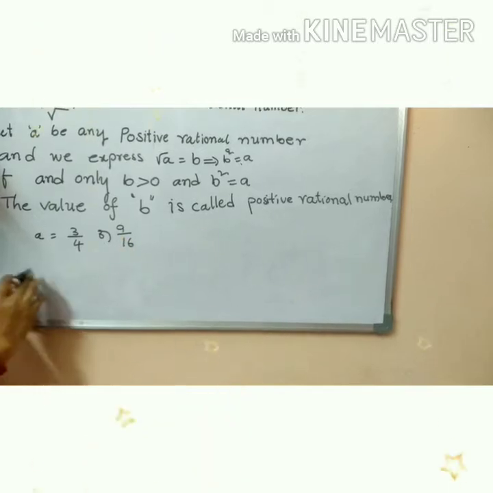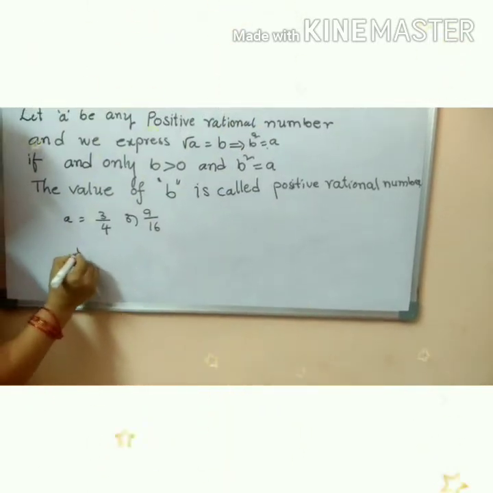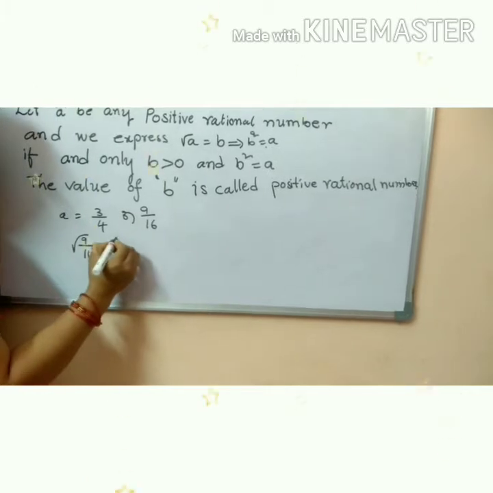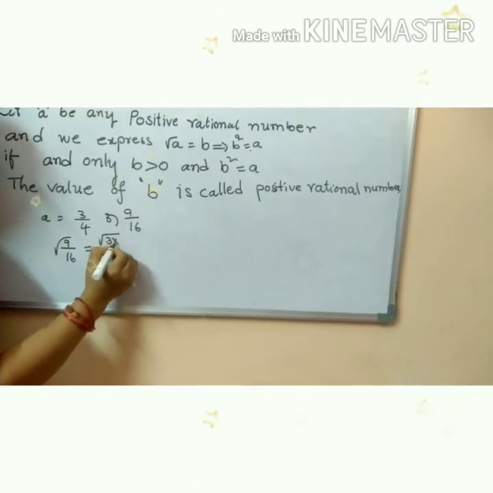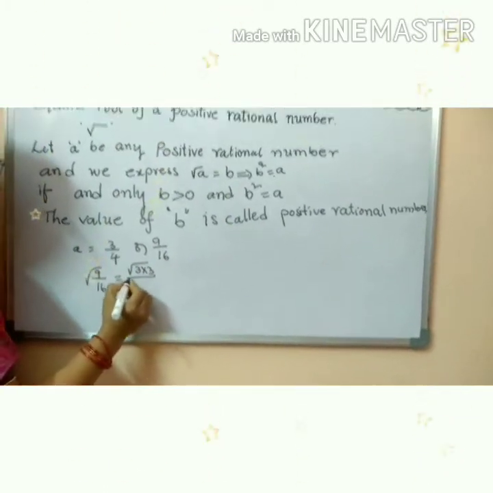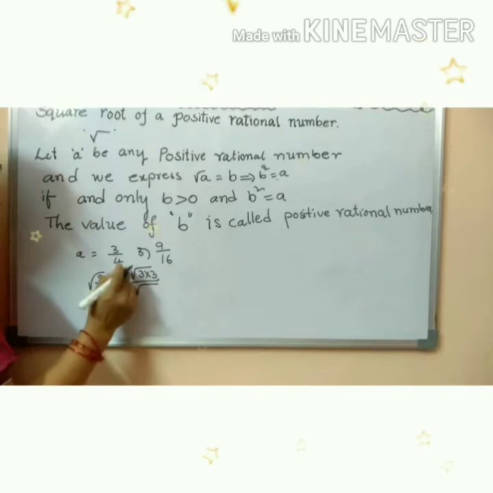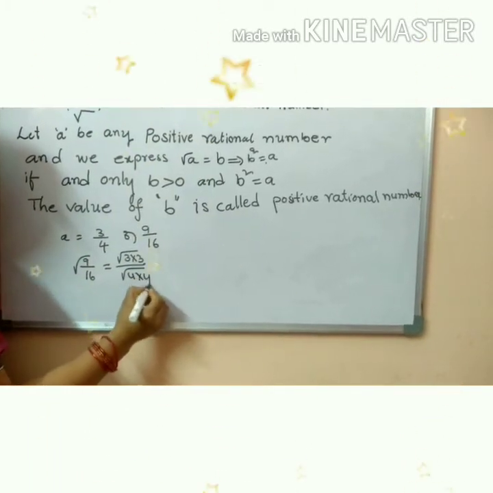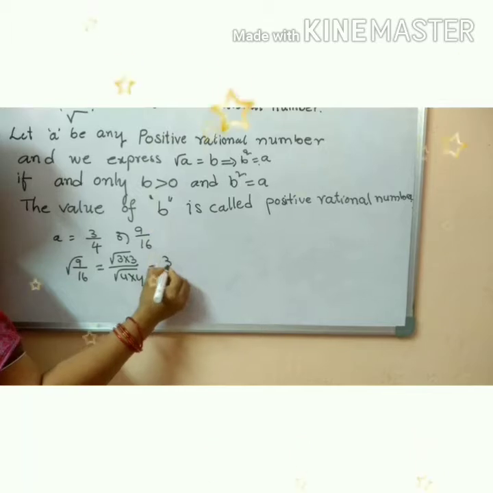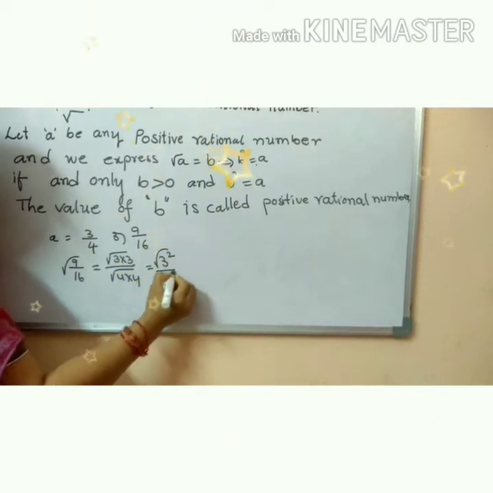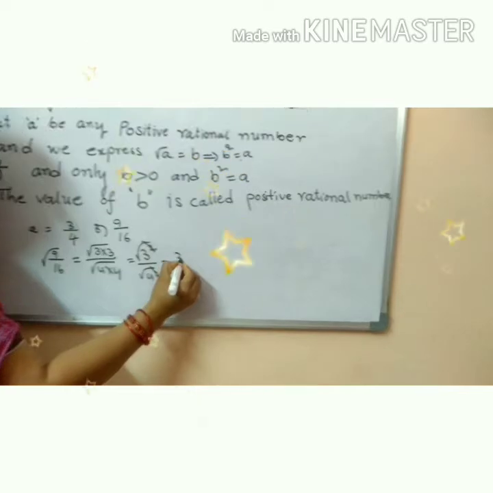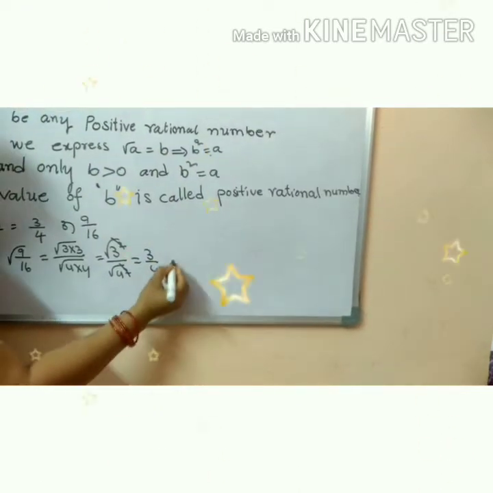Then find the square root of 9 by 16. Here 3 threes are 9 by 4 fours are 16, so we write 3 square by 4 square. The square root cancels, remaining 3 by 4.